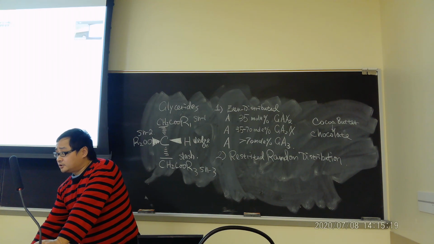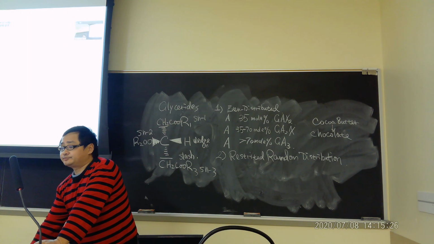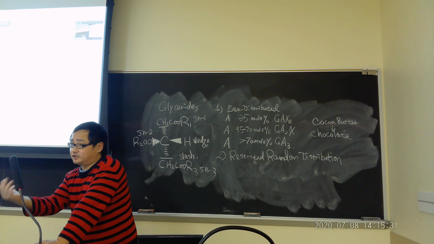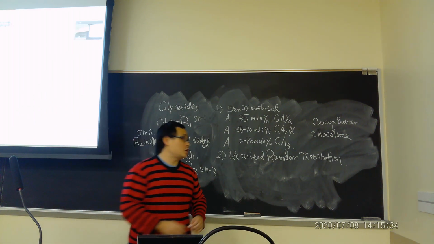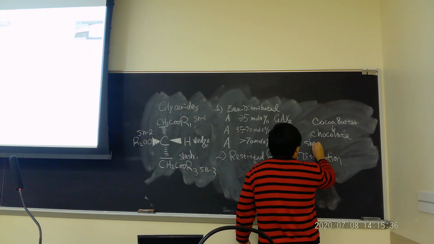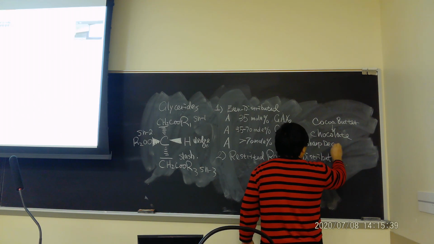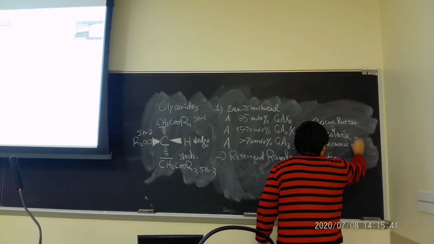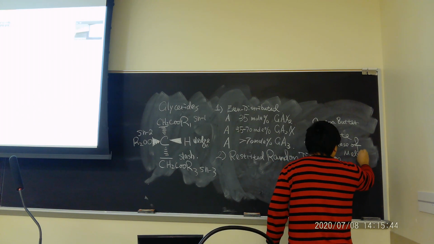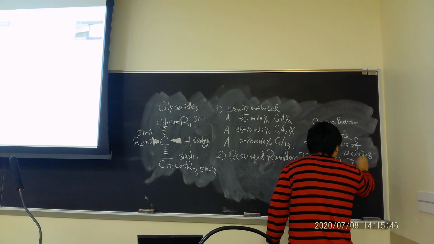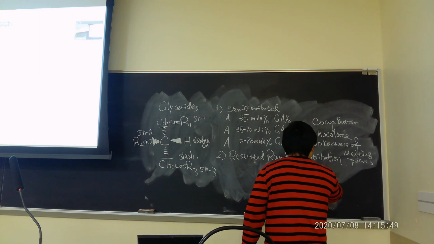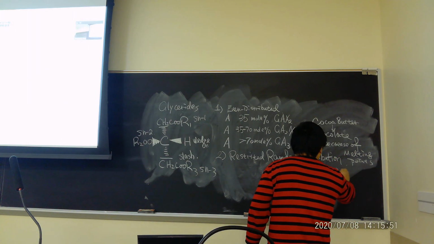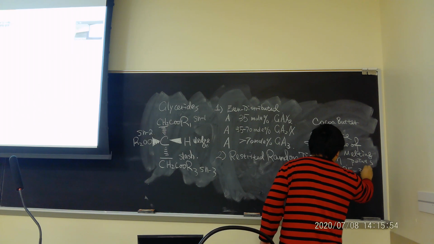That's the reason why cocoa butter can be used to make chocolate, and chocolate shows a very sharp decrease of melting point between room temperature and mouth temperature, somewhere between 25 to 35 degrees Celsius.